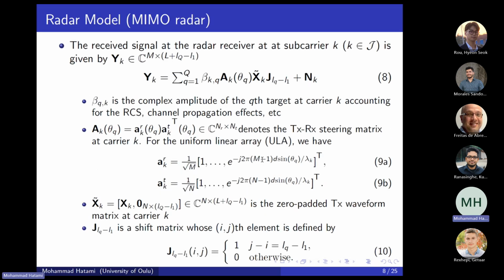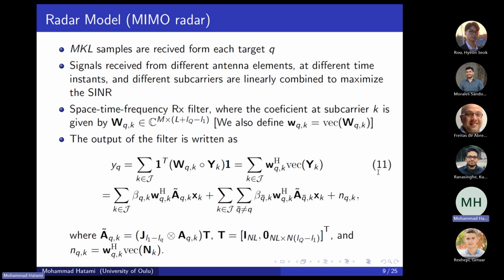Regarding the radar model, which is a MIMO radar, the received signal at the radar receiver at each subcarrier is given by 8. In this equation, as mentioned before, we have considered a MIMO radar, and we have a multi-carrier system.